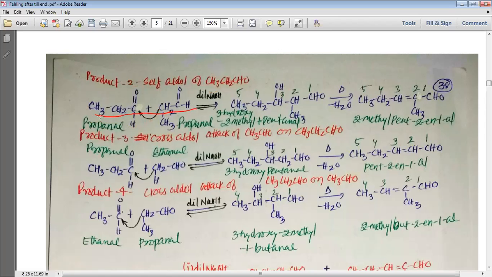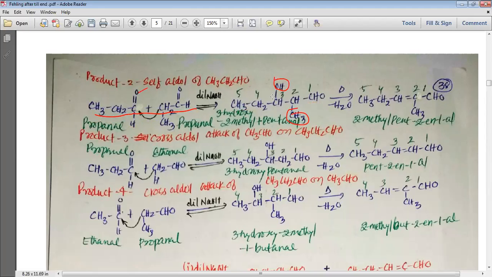I have written it all together, CH3CH2CH(OH)CH(CH3)CHO. When we write this way, we can easily identify what products we are going to get. The only change we have to make is that this branch will remain the same as usual, and this O has to be converted into OH.